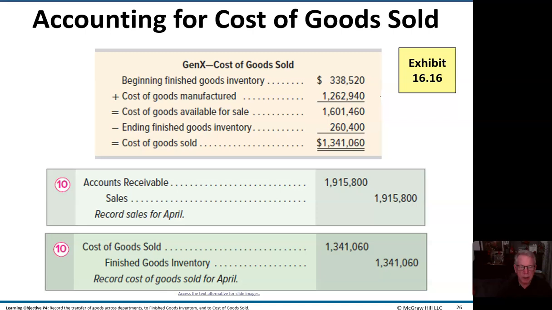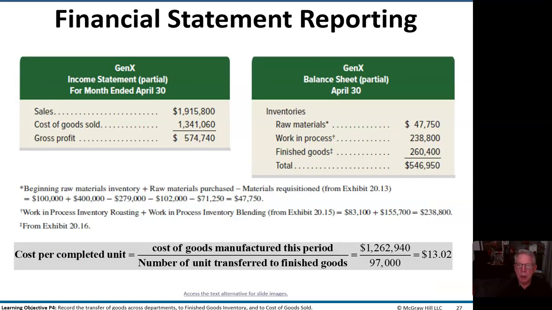Okay, pretty standard entries there. Now, if we look at financial statement reporting here, we have our sales and our cost of goods sold and our gross profit, pretty much straightforward there.